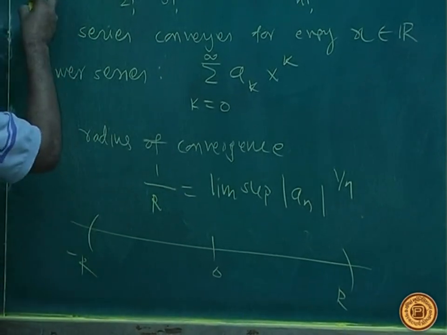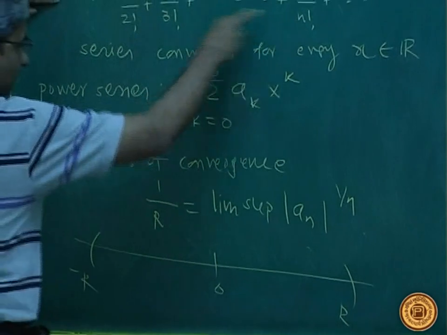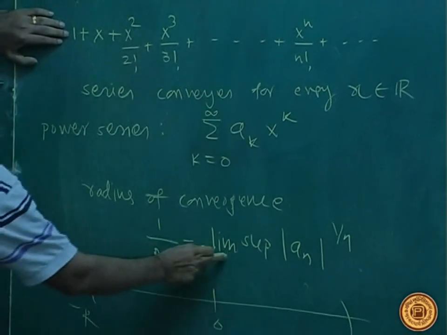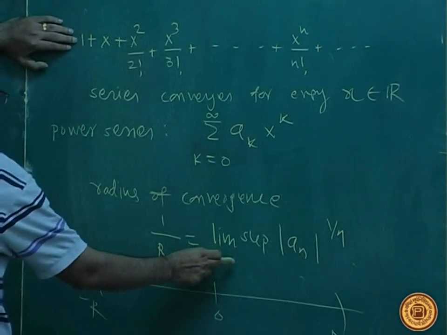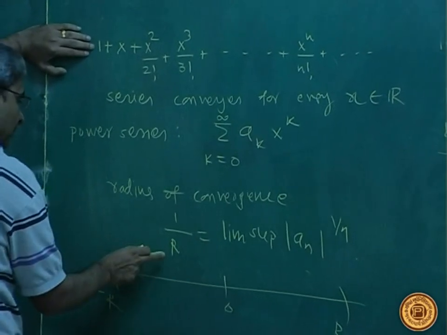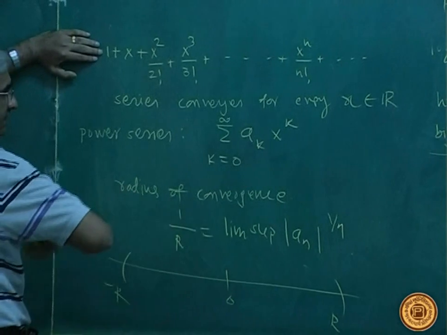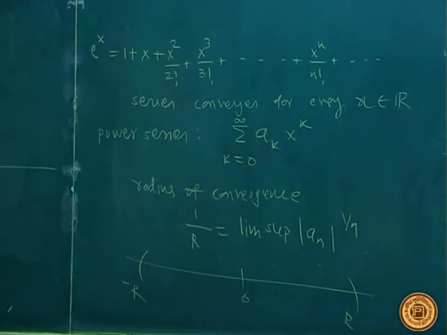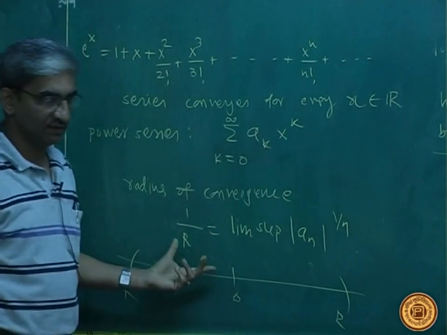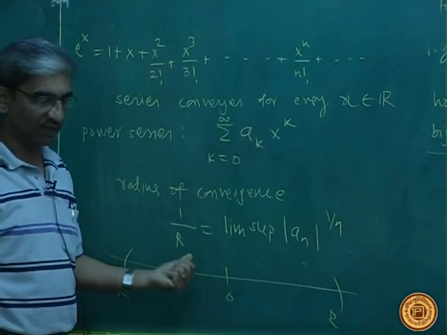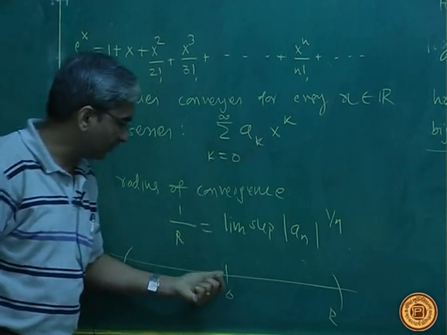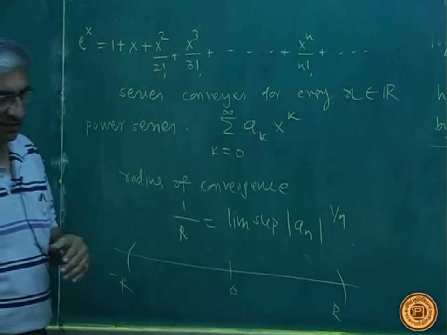Now in case of this series, the radius of convergence is infinity. That means this limit will come out to be 0. So the radius will come out to be infinity. So everywhere it converges. Okay. But corresponding to every power series, you have a domain of convergence given by the radius around a point around which the power series is developed. Okay.